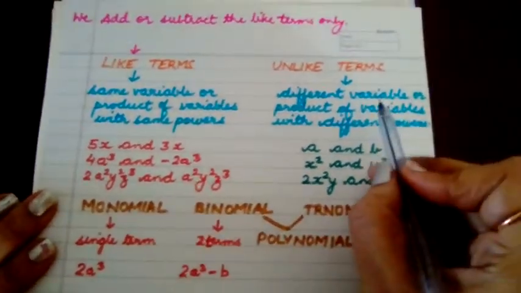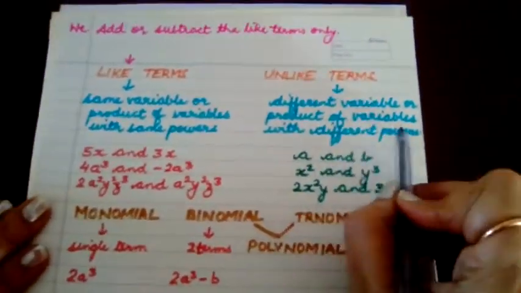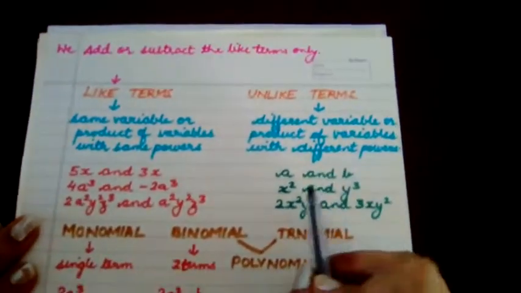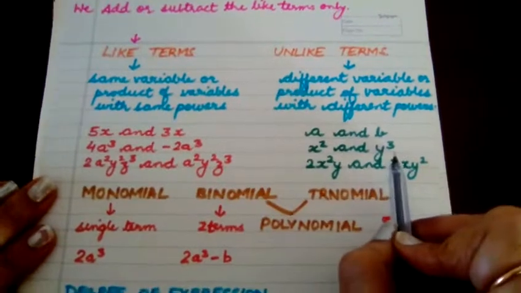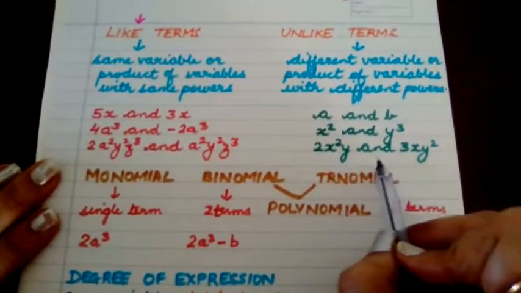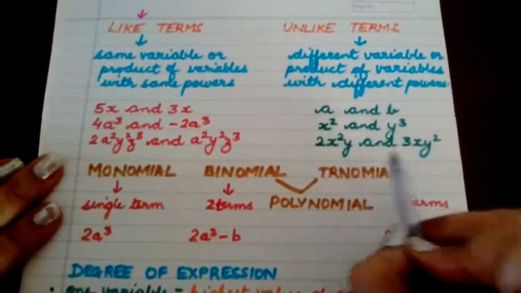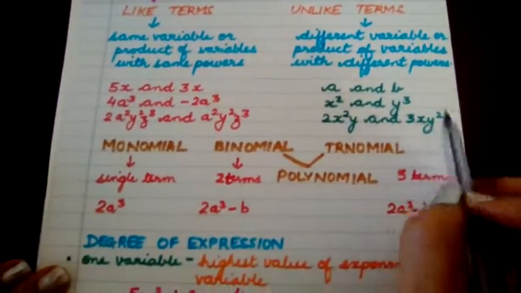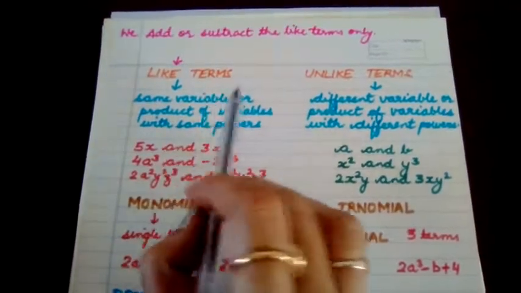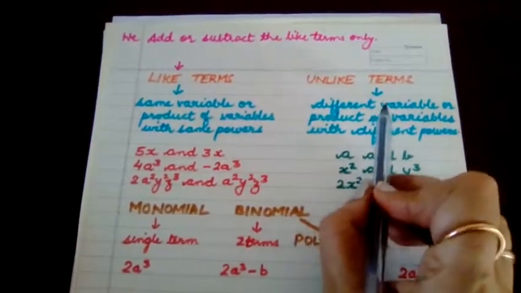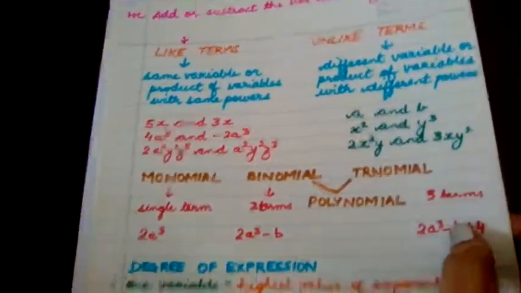But unlike terms have different variables or products of variables with different powers. a and b, different variables; x square and y cube; or 2x square y and 3xy square, different powers of the variables. We add or subtract the like terms only. We do not combine unlike terms. They are kept as they are.